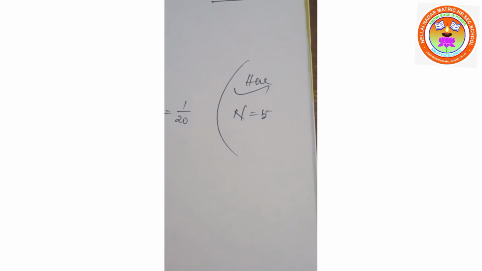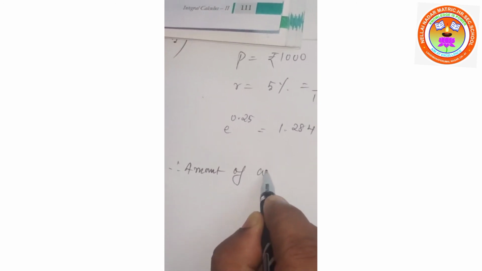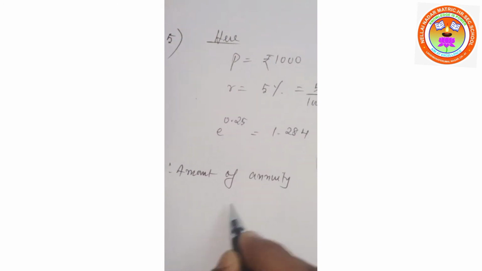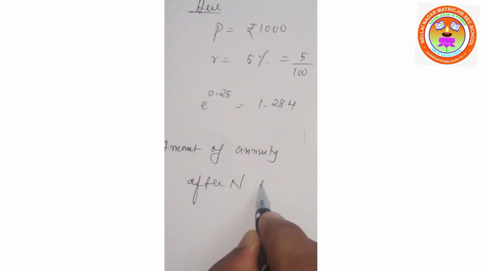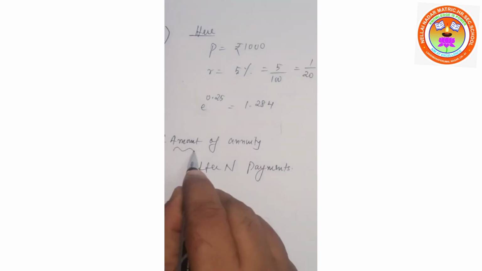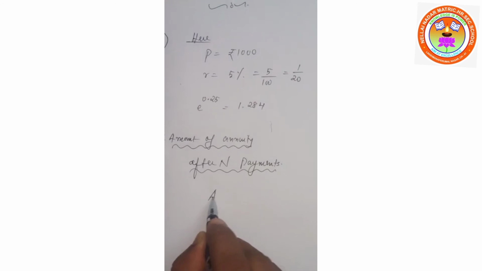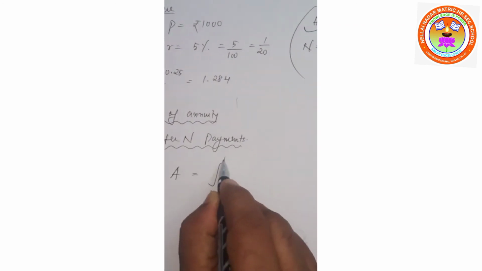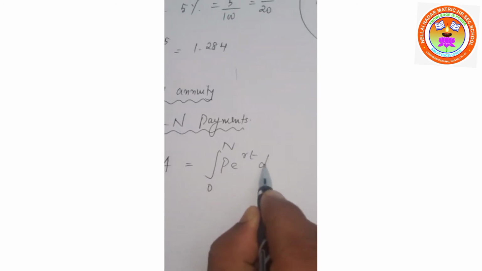Formula. Therefore, amount of annuity after n payments, capital A, is equal to integral 0 to n P into e power RT dt.